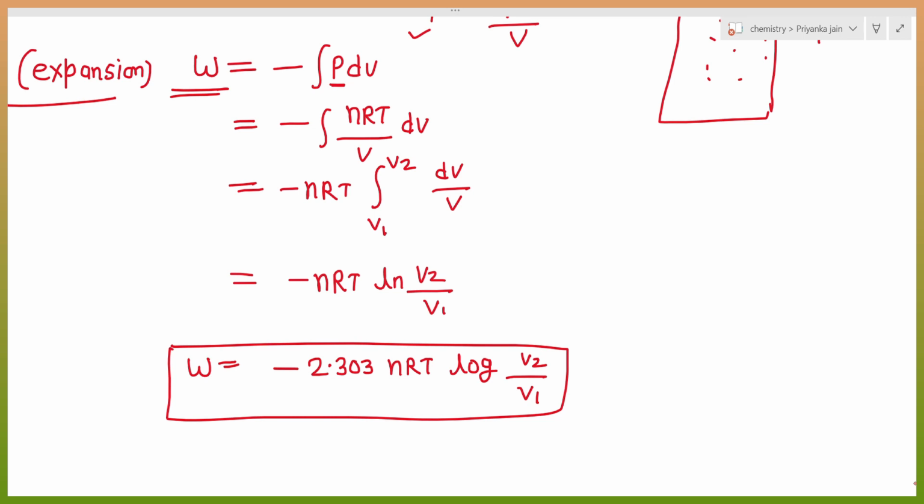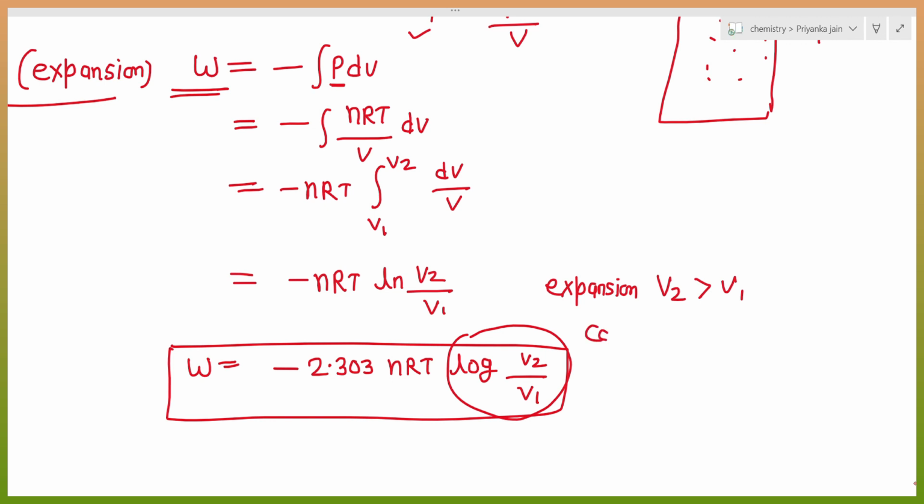As we know, in the case of expansion, V2 is greater than V1, so this log term will be positive, and when this term is positive, we get a negative sign. It means the process is expansion.